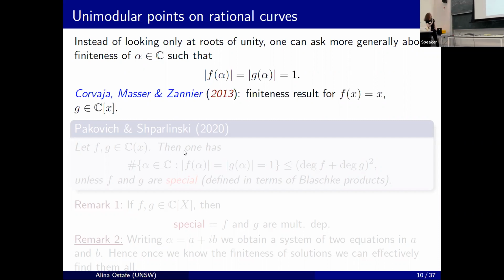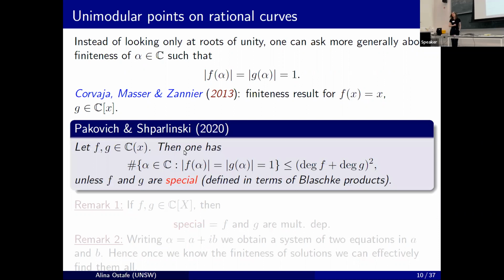And the first to consider this problem were Corvaja, Masser, and Zannier in 2013. And they gave a finiteness result when f is just the identity, f of x is x, and g is any polynomial. Well, g should not be a monomial, so again, x and g should be multiplicatively independent.